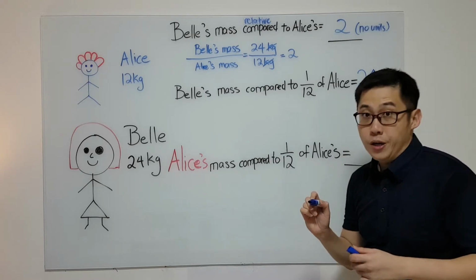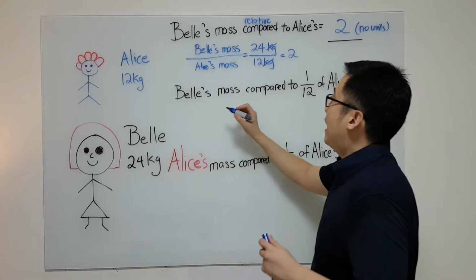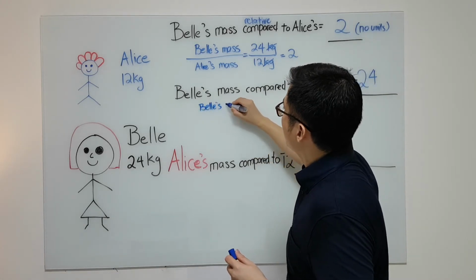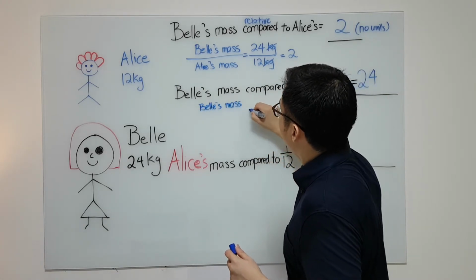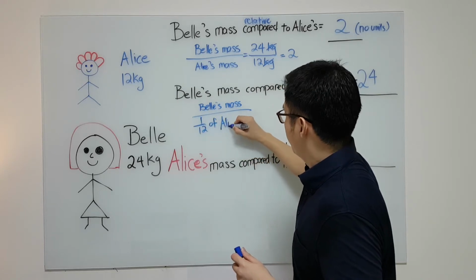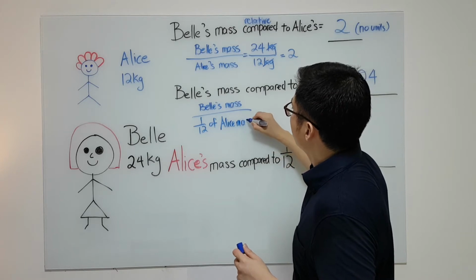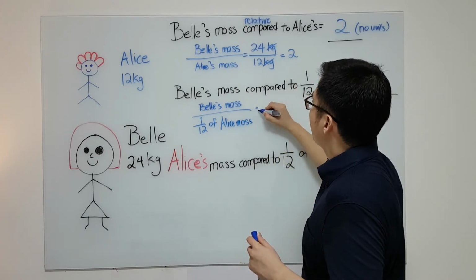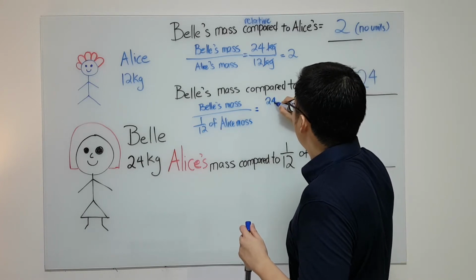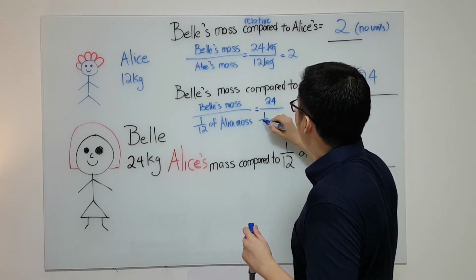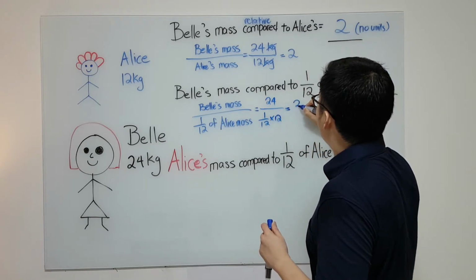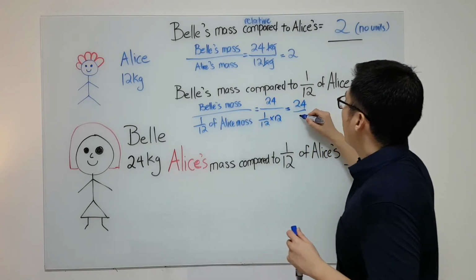And this 24 comes about when I take Belle's mass and divide it by 1/12 of Alice's mass. And that, students, will give me 24 divided by 1/12 times 12, which gives me 24 divided by 1.